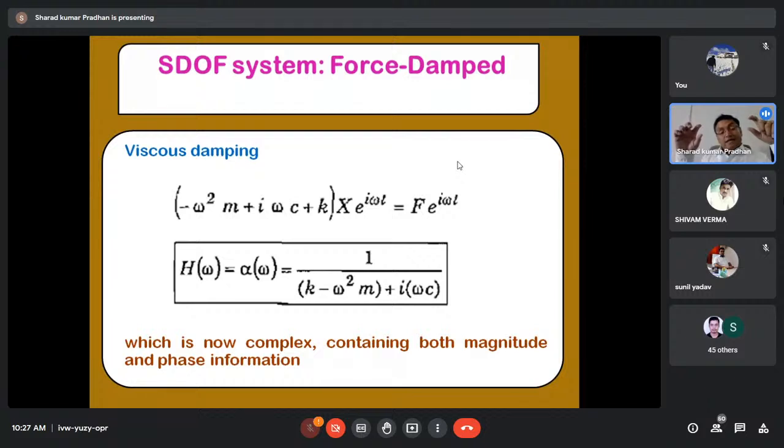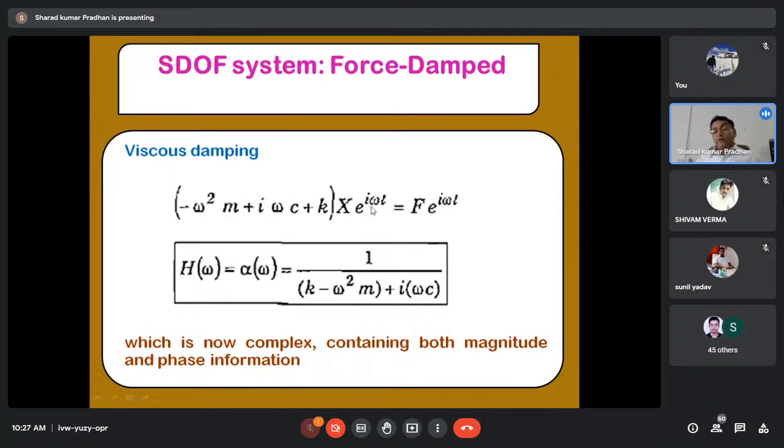I have replaced x(t) and f(t) as X e^(i omega t) and F e^(i omega t), and I have got this equation. And if you have got this equation, this divided by this is going to cancel out everything, and this is in the frequency domain. So you are going to get this FRF, because FRF is nothing but the response in the frequency domain.